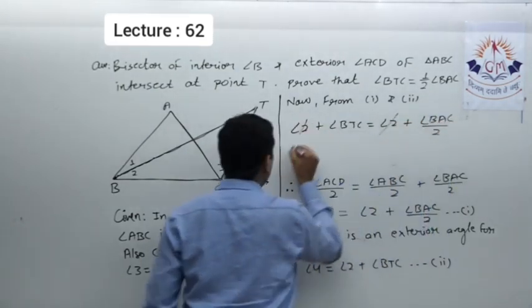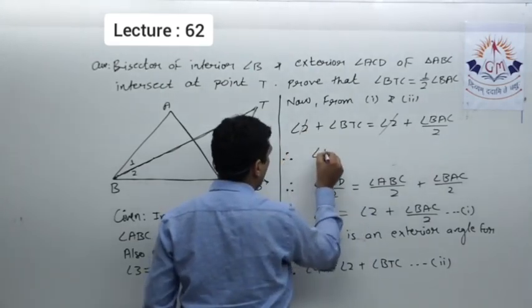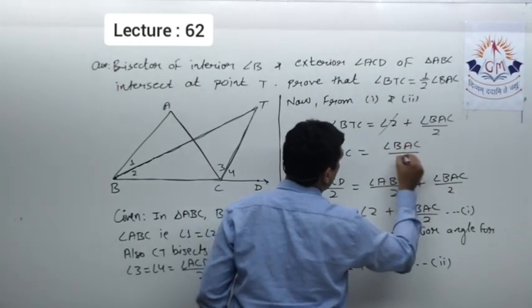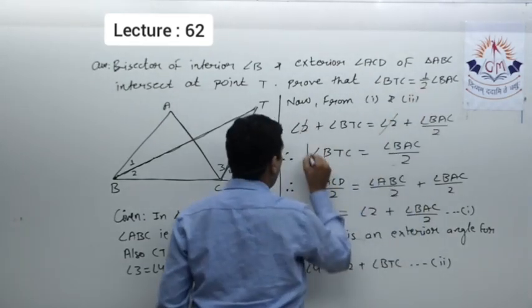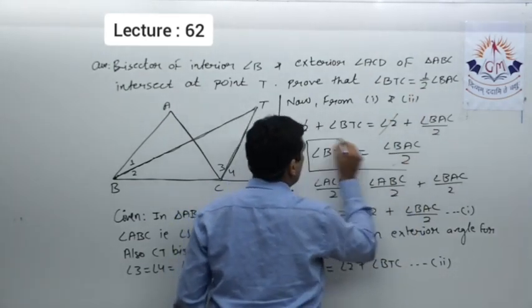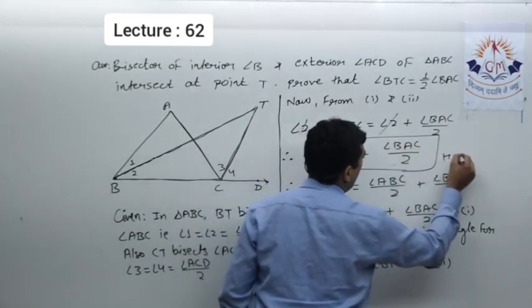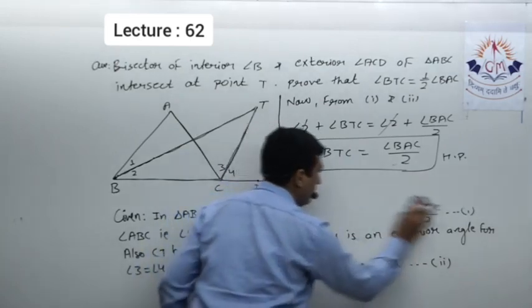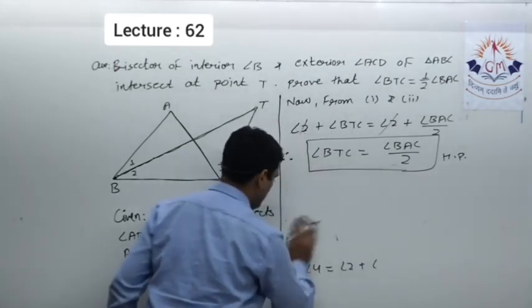So 2 and 2 will cancel out, so what I will be left with is angle BTC is equal to angle BAC by 2, which was required to prove. So this is the final answer, hence proved. Okay, please note it down, then we'll come to the next question.